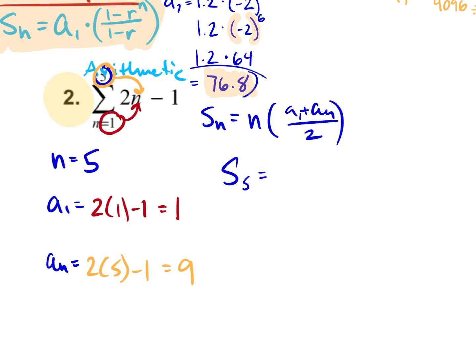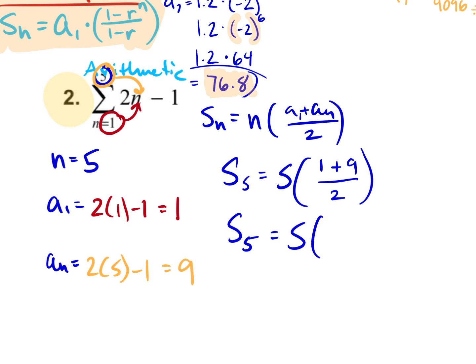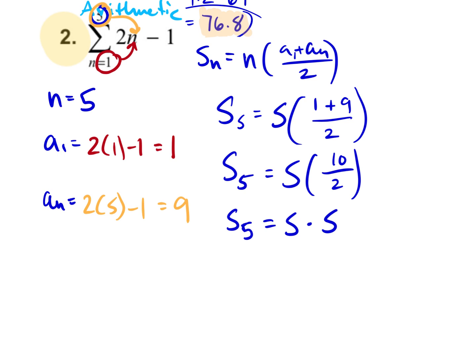S sub 5 is equal to, n is 5, times 1 plus 9 over 2. Next, let's finish in the parentheses. So 10 divided by 2 would be 5. And lastly, 5 times 5 is 25.